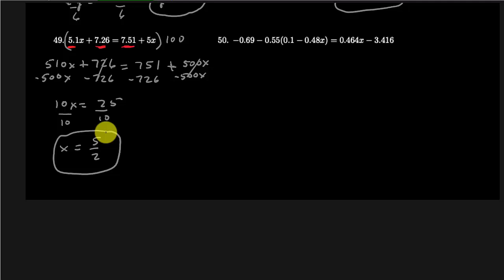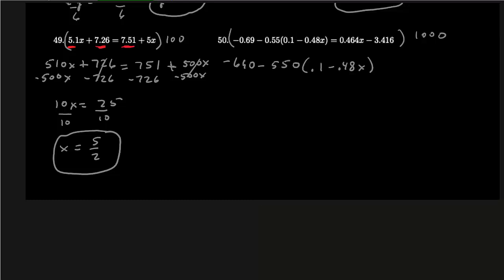All right, now let's look at this one. So the most that we have to move the decimal is 3 places. So we want to multiply everything by 1,000. And so this is going to give us negative 690 minus 550 times 0.1 minus 0.48x.